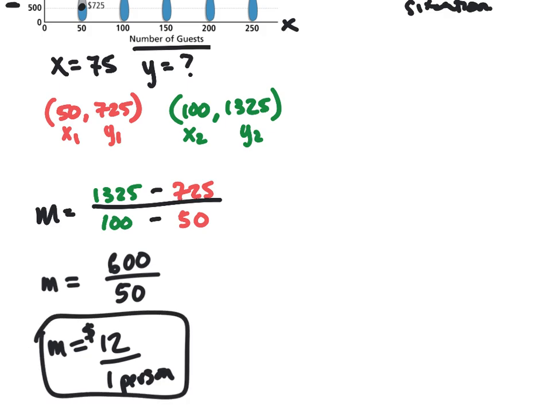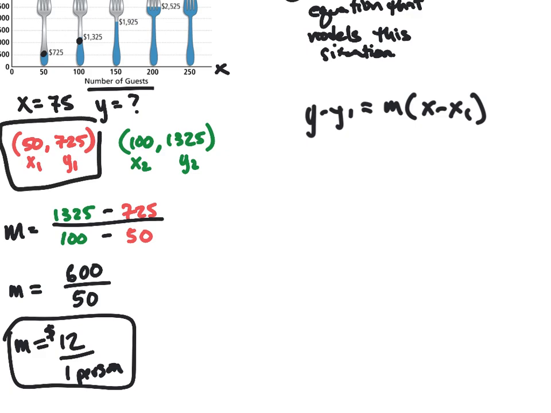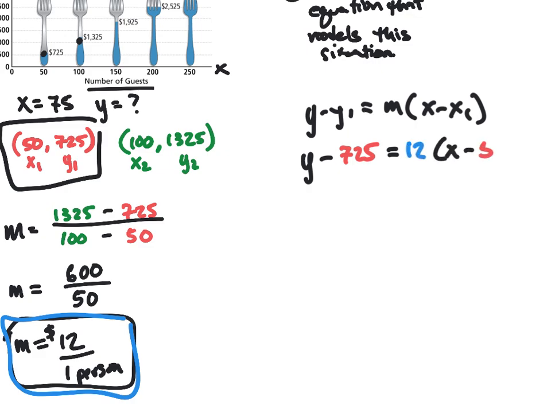So once I have my slope and I have a point, I can write the equation of a line. So y minus y sub 1 is equal to m times x minus x sub 1, and I can plug those in. I'm going to use my point for x1 and y1. So I'm going to write y minus 725 is equal to our slope, which is 12, times x minus x sub 1, which is 50.